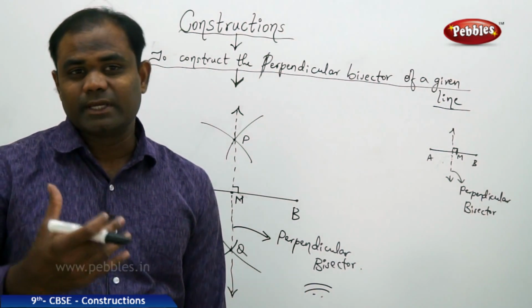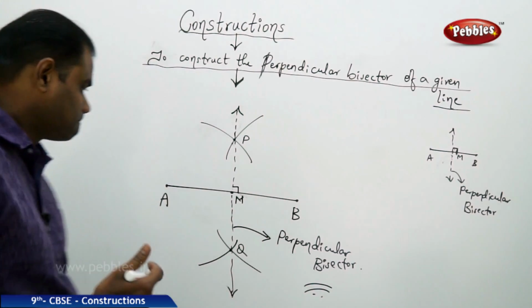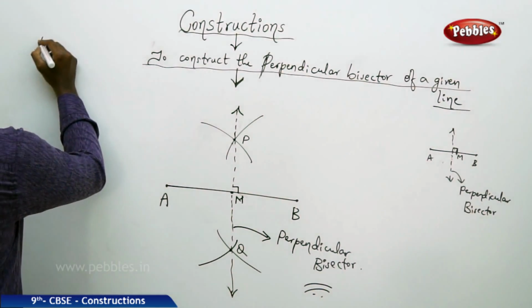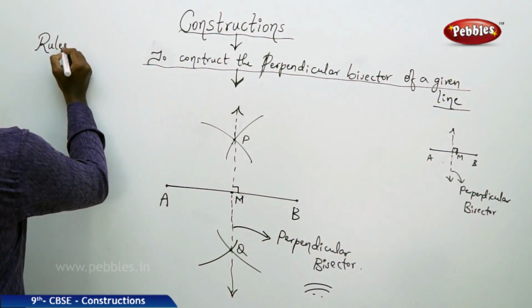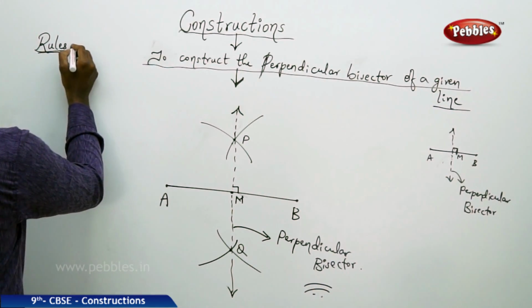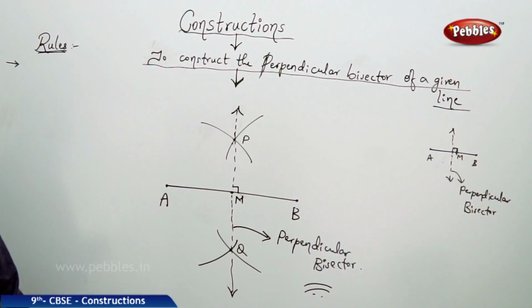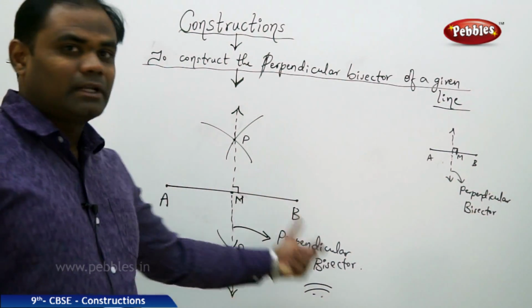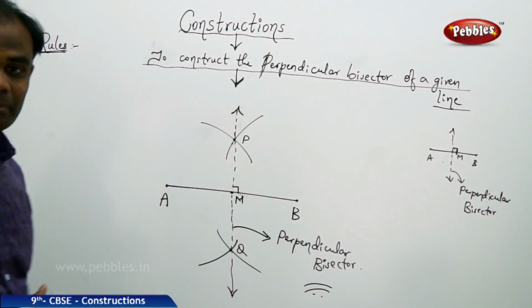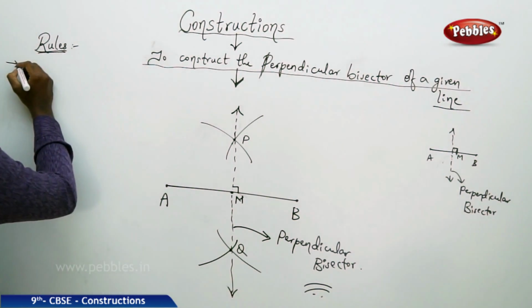Let's see the rules in step-by-step process. The first rule is: for the given line segment AB, we take the compass with radius more than half.